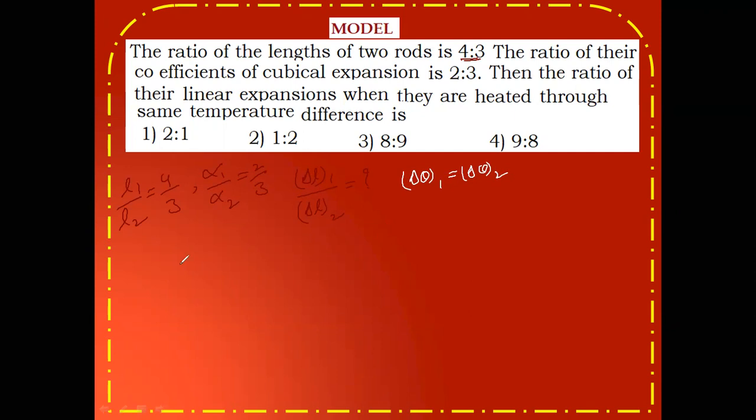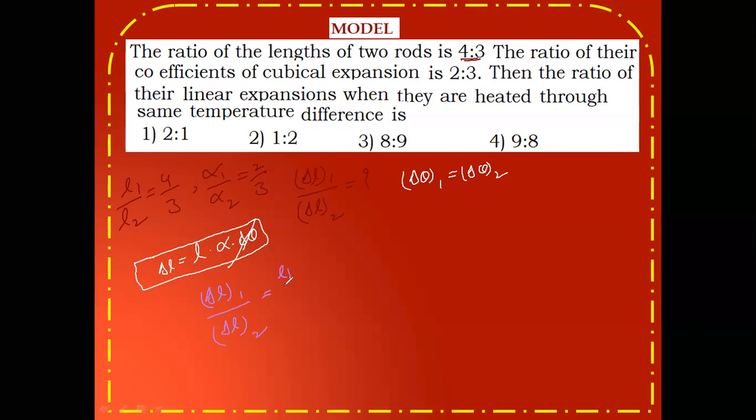Now what is the basic formula for us? Delta L is equal to L into alpha into delta theta. It is the basic formula. In this case, delta theta is constant. So as the delta theta value is constant, delta L of 1 by delta L of 2 is equal to L1 by L2 multiplied with alpha 1 upon alpha 2.